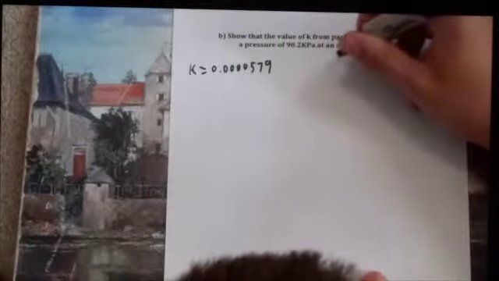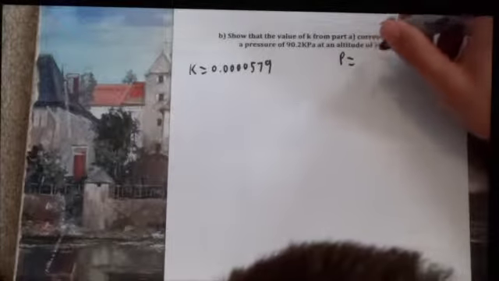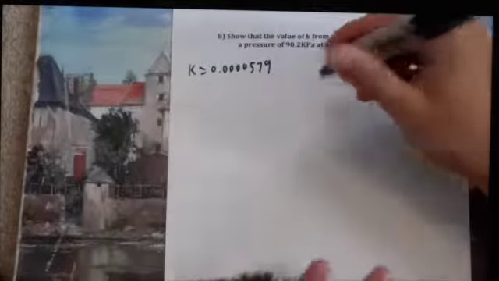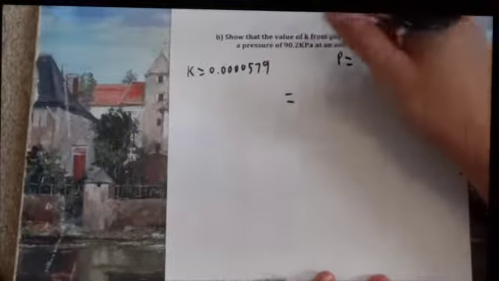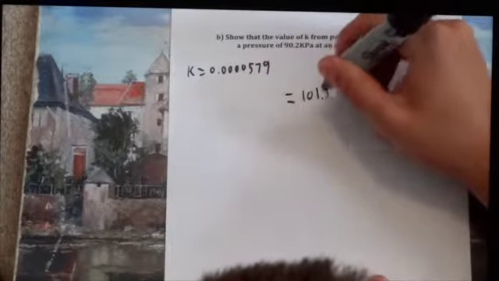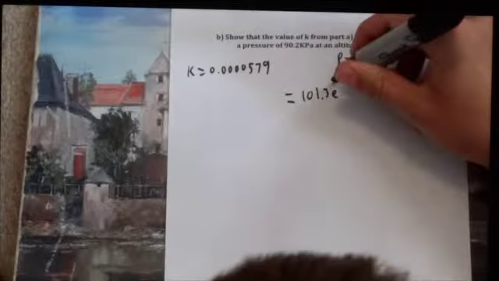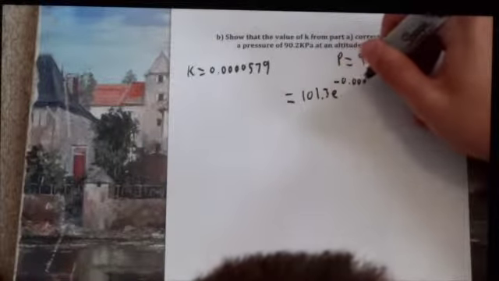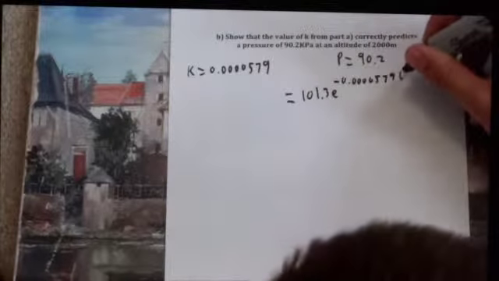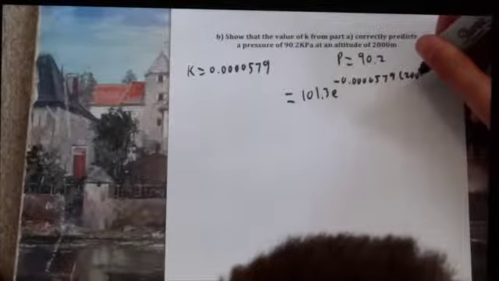So now essentially all it's asking us is to prove that the equation for P has to be equal to 90.2. So essentially all we have to do is make the equation with the k value in it, which would be 101.3 e to the negative 0.0000579 times 2,000, so 2,000 meters.